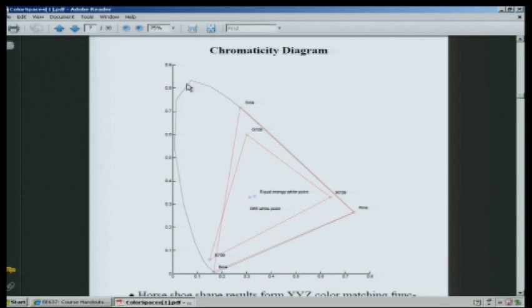Even though 10 nanometer steps seem pretty fine, it's not necessarily fine enough to represent precisely the human visual response. But in any case, this is the curve approximately associated with the chromaticities that you get from the spectral, as a function of spectral wavelength.